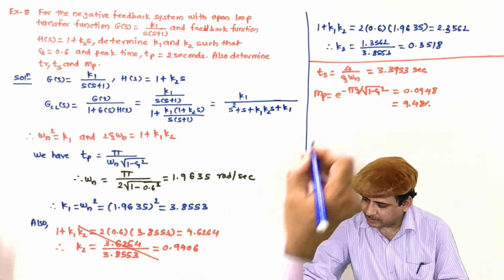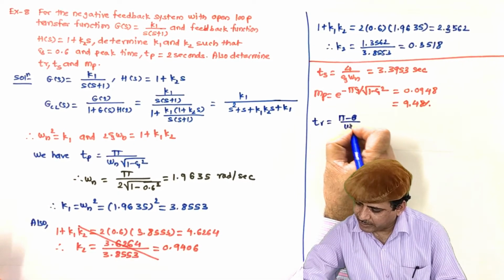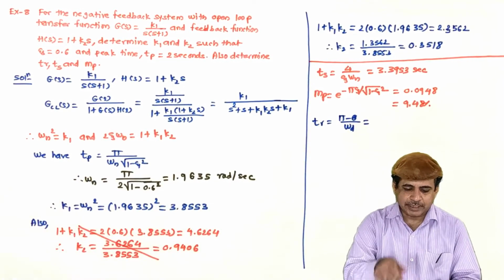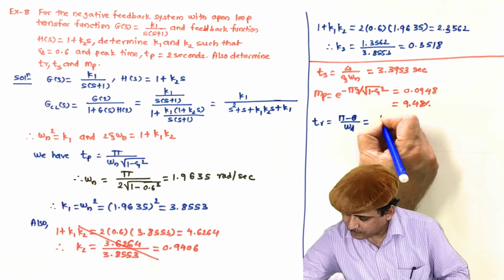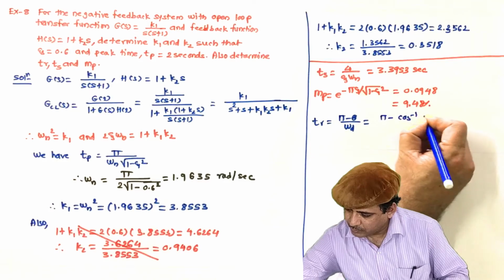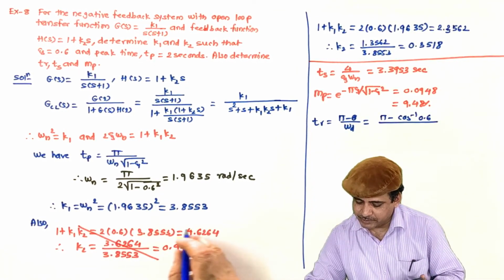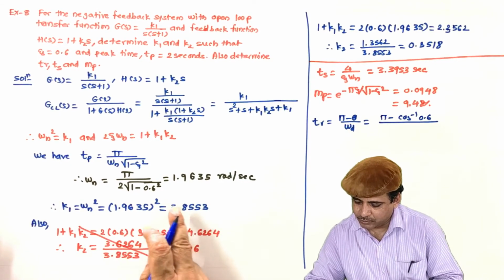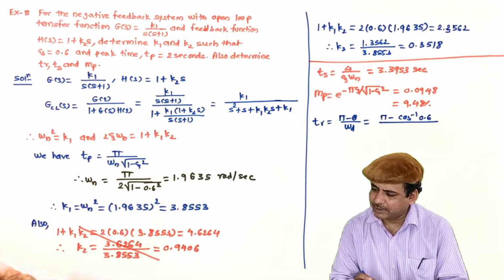And the last one is Tr. Tr is pi minus theta by omega d. So that is pi minus cos inverse 0.6 divided by omega d, where omega d is omega n into under root 1 minus zeta square, or Tp is given, pi by 2. It's pi by 2.